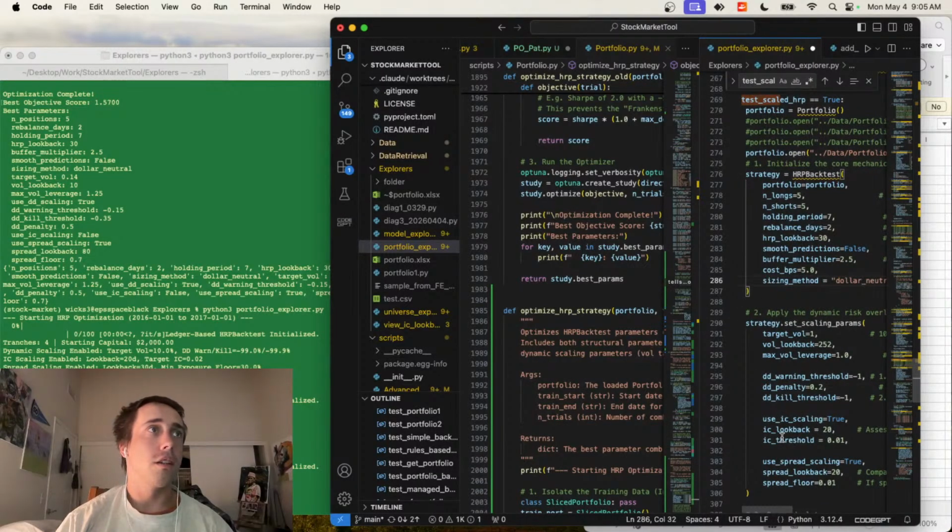Strategy dot set scaling params. Target volatility, 0.14. Volatility look back, 10. Max volatility leverage, 1.25.